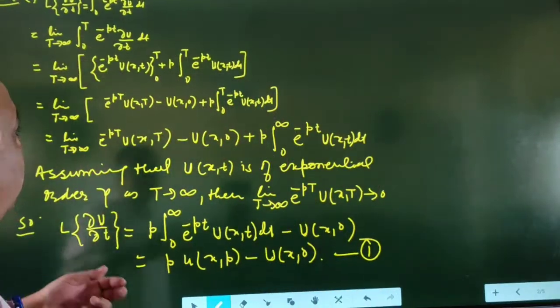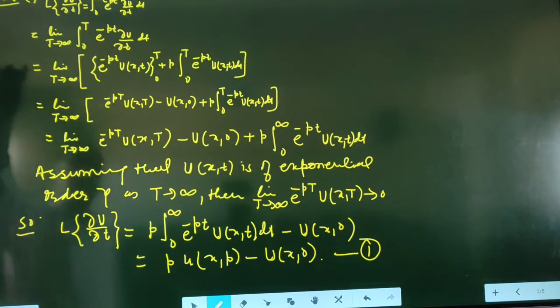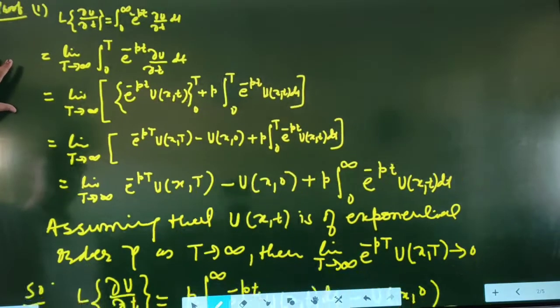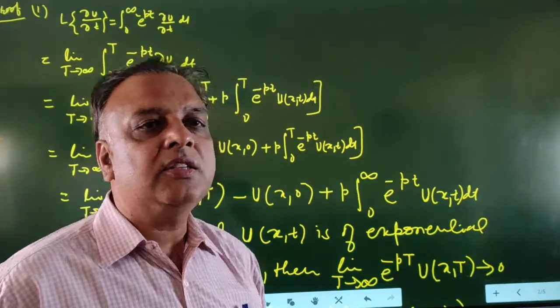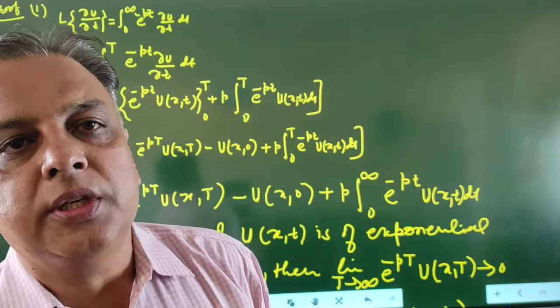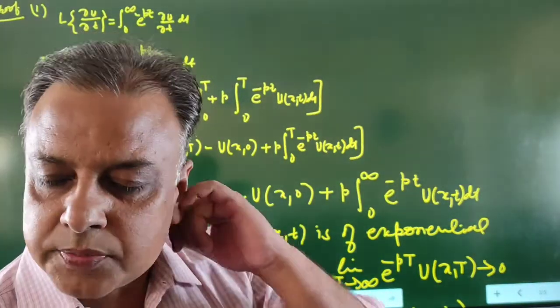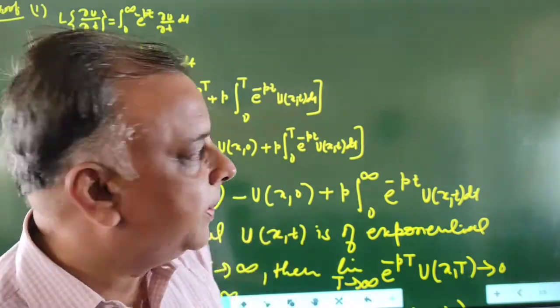The proof of the first result is: we have to find the Laplace transformation of del u by del t, that is the first partial derivative of u with respect to t.